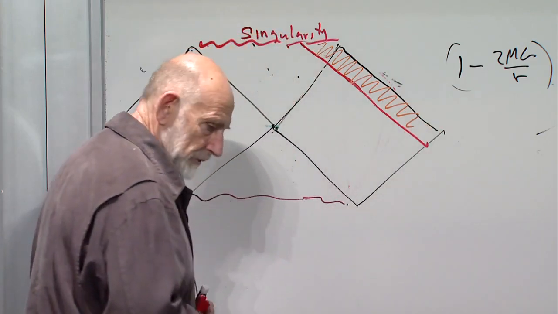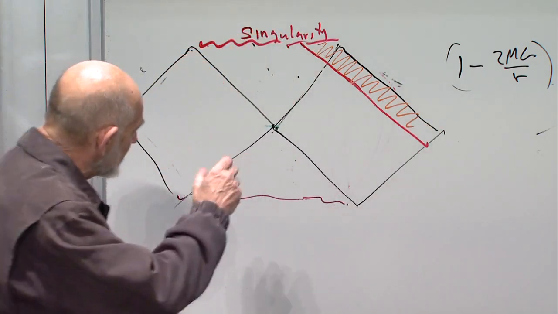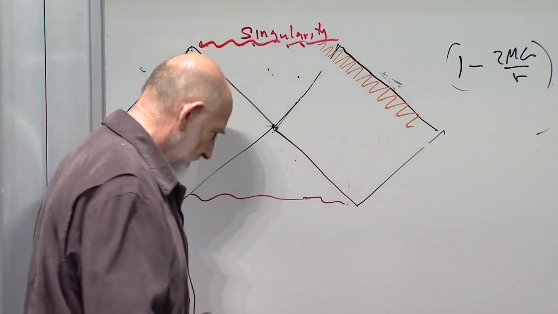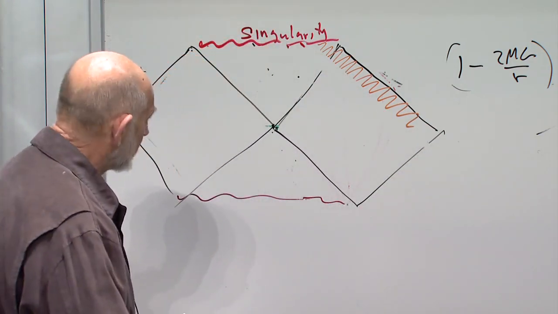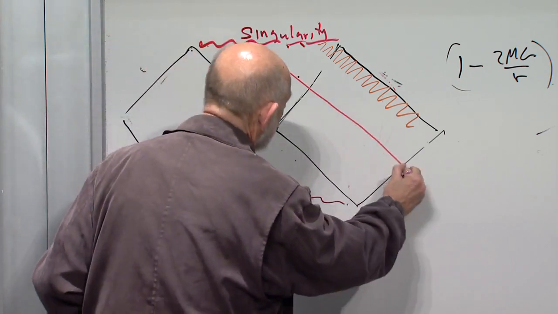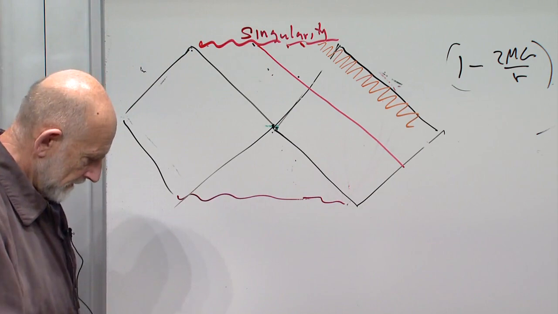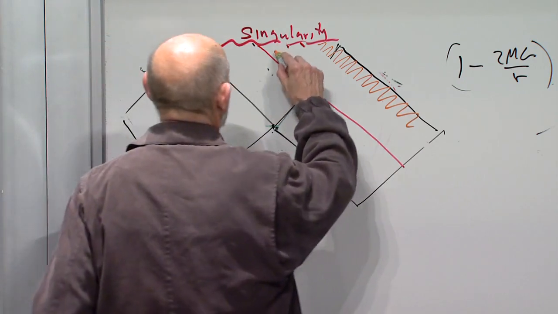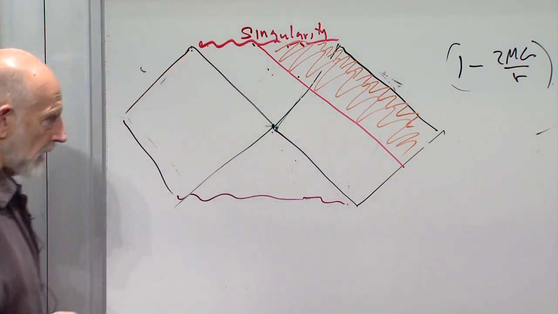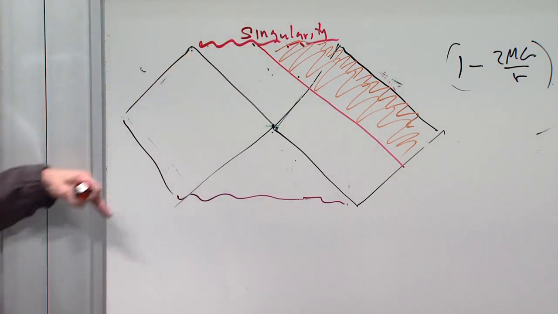We can make it a little bigger. I didn't mean to slice it so thin. That just means the shell starts in earlier. The orange part here is the correct description of the space-time of the infalling shell.